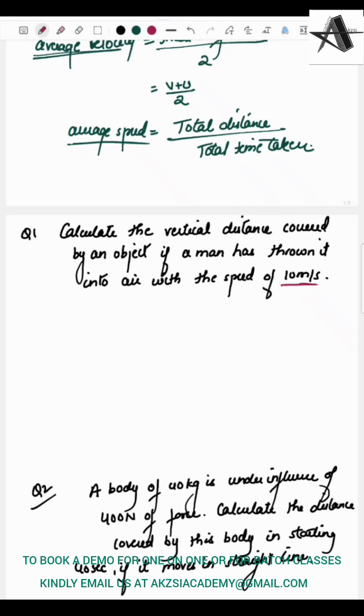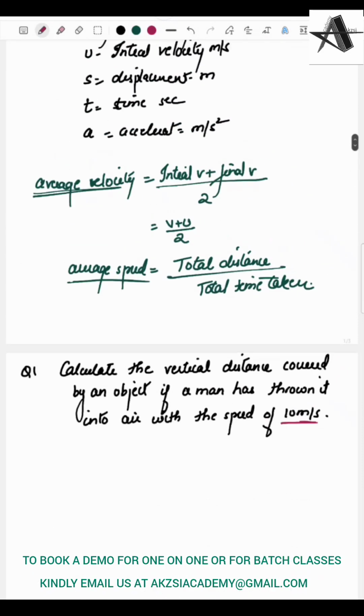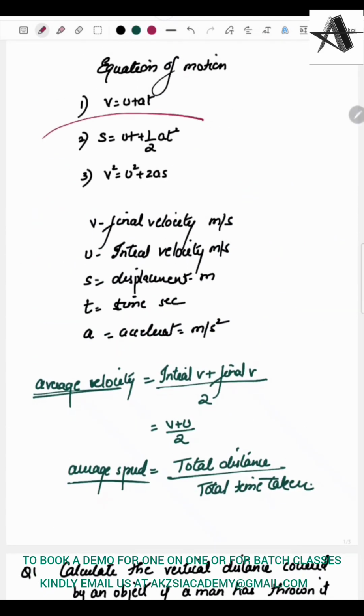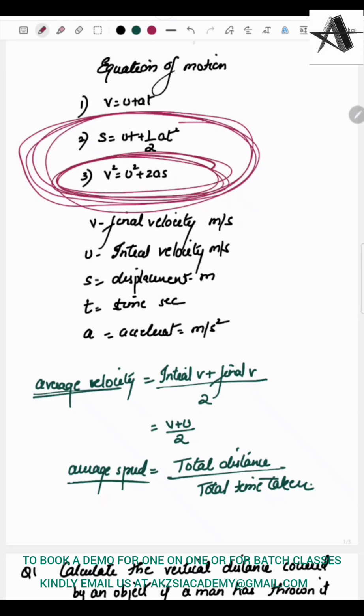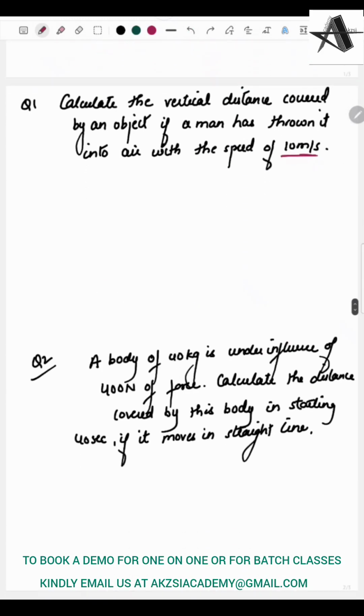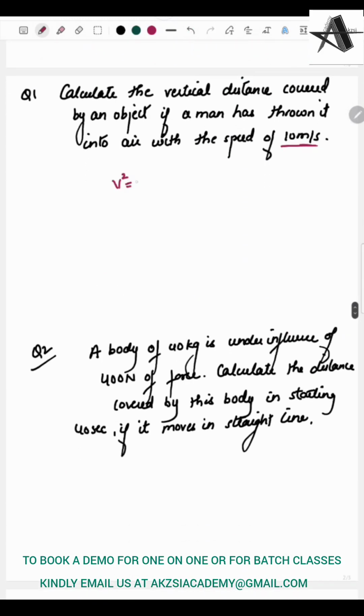The two equations of motion that have displacement in them are s equals ut plus half at squared and v squared equals u squared plus 2as. Time is not given at all, so clearly I need to pick the third one. So I'll apply v squared equals u squared plus 2as.